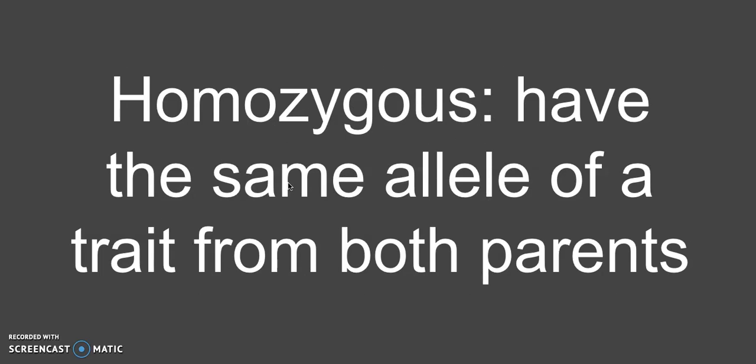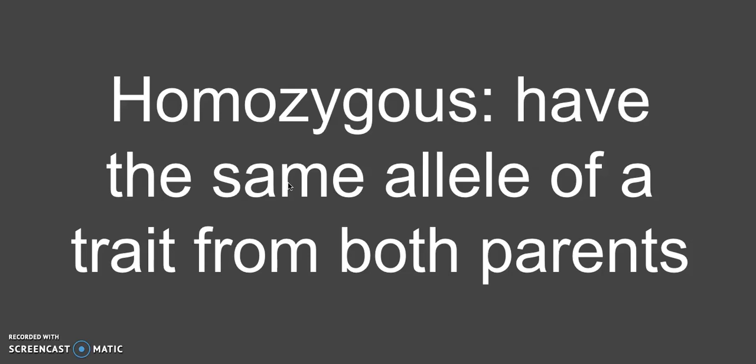So you can have homozygous alleles, that is, having the same allele of a trait from both parents. Say your parents both have wet earwax and you get two wet earwax alleles.